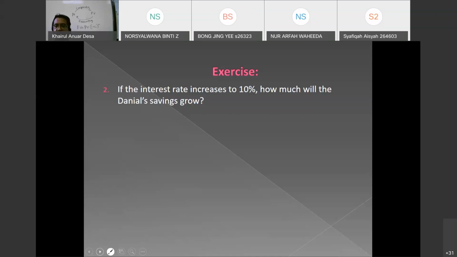Okay, how about this one? From 8% increases to 10%. So how about the answer? 5 years.